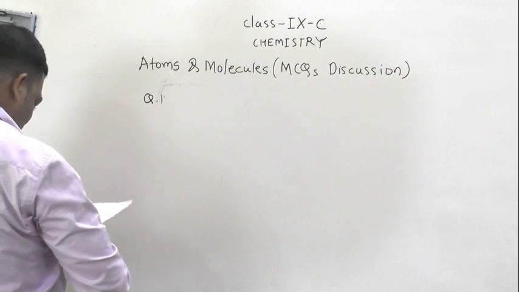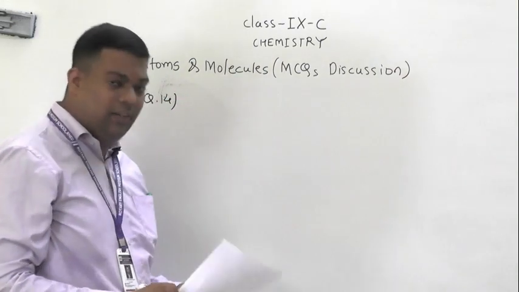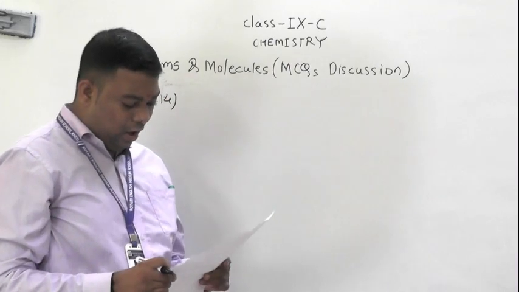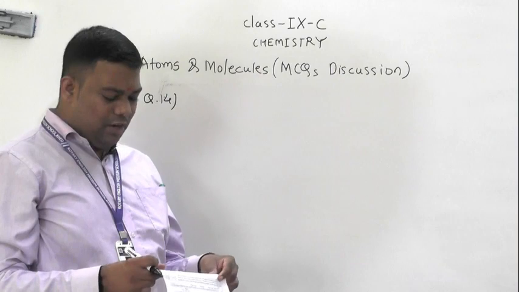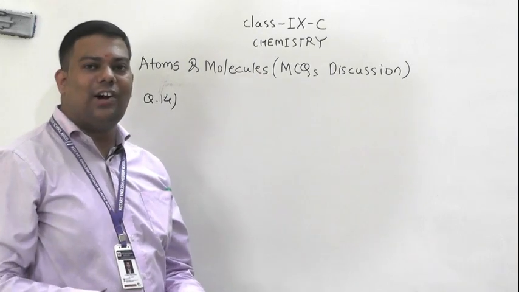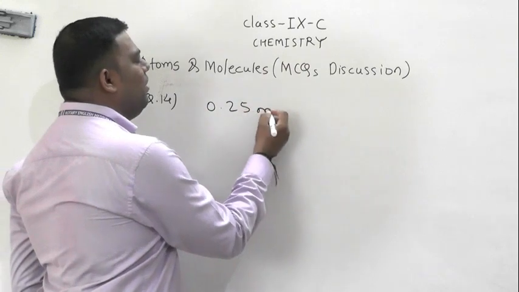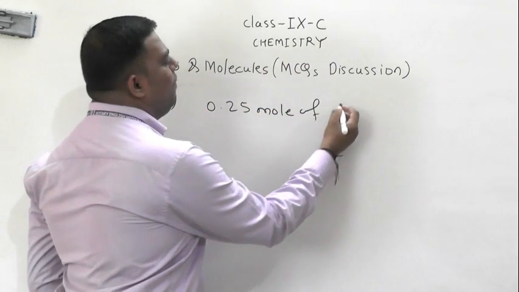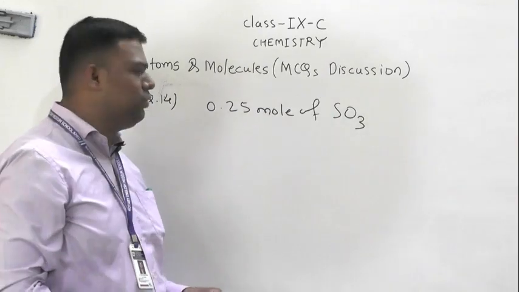So what is in that? How many atoms are present in 0.25 mole of sulfur trioxide? Sulfur trioxide, as you know, is SO3.